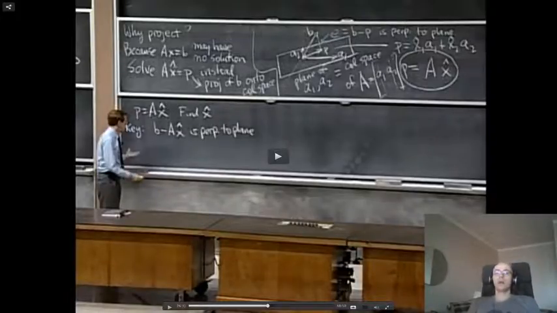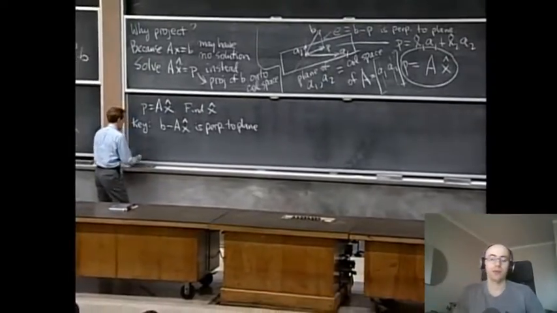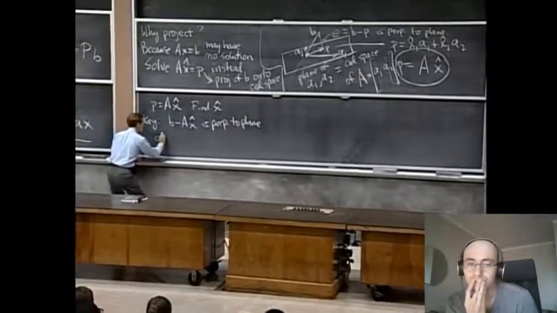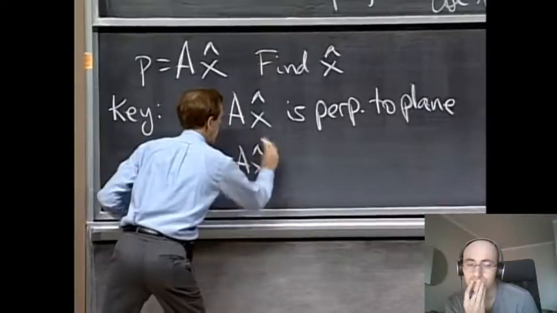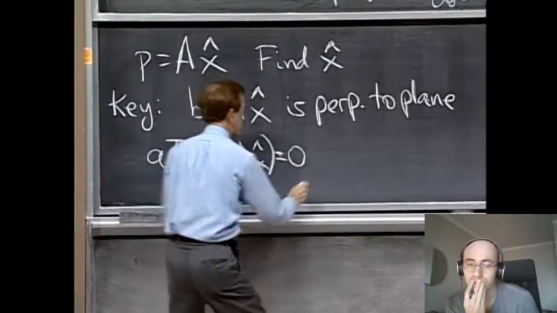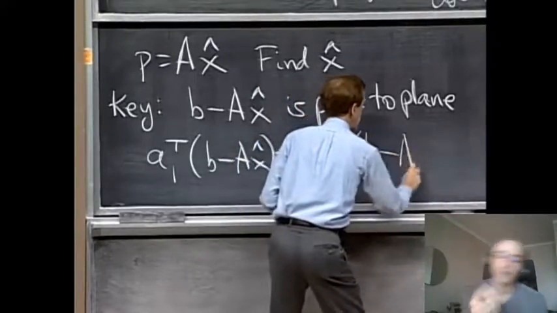So basically, how to find the vector that is perpendicular to the column space of some matrix? It's just to find the left null space, or the simple null space of A transpose. So really, I have the equations A1 transpose (B minus Ax) is 0, and also A2 transpose (B minus Ax) is 0.